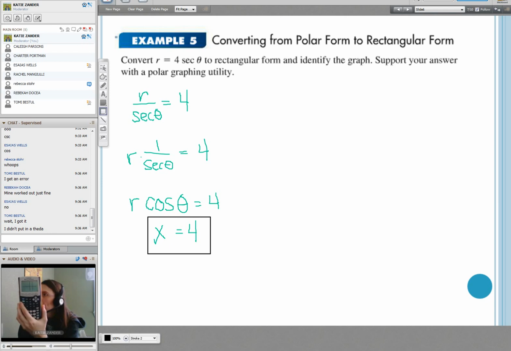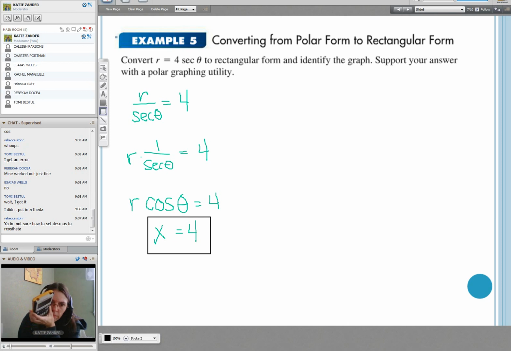I have the graphing program in Desmos, so one second here. Yeah, I had a link and then all of a sudden it must have changed on me for the Desmos. So let me see if I can Google it real fast.